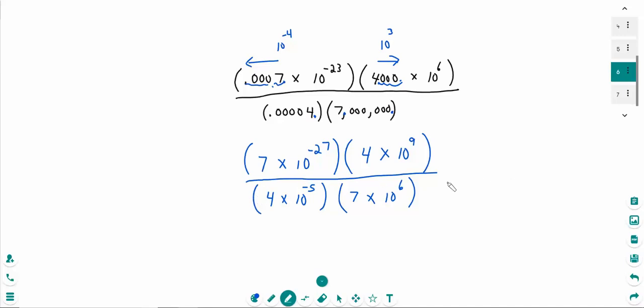Now let's take the numerator and do some multiplication there by rearranging. So we're going to have 7 times 4 times 10 to the -27 times 10 to the 9th. In the denominator, if we do some rearranging, we're going to have 4 times 7 times 10 to the -5th times 10 to the 6th.